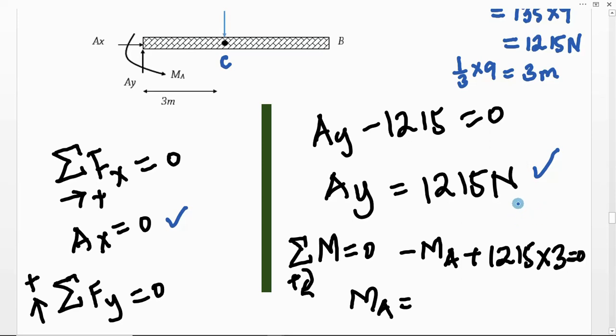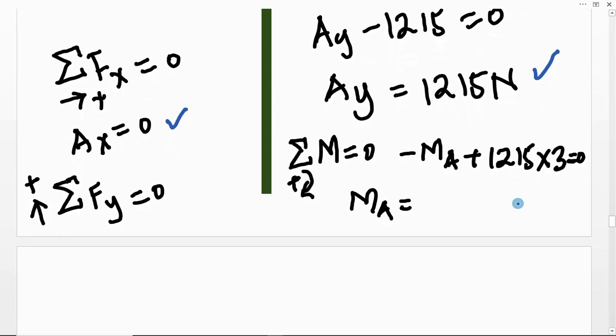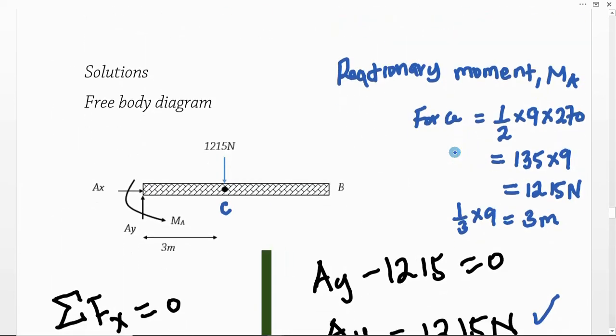Then we need to also determine the moment at A, that reactionary moment. We get it from the third equilibrium condition, which is that the sum of moments about a point must equal 0. Taking clockwise moments to be positive, then we will have negative MA, since MA acts in the anti-clockwise direction.